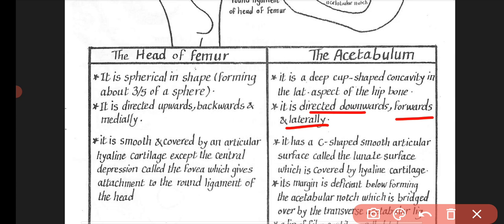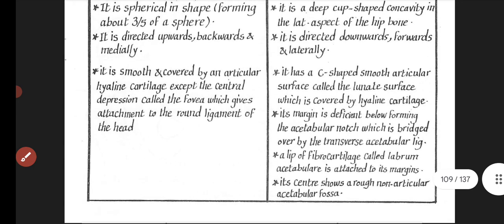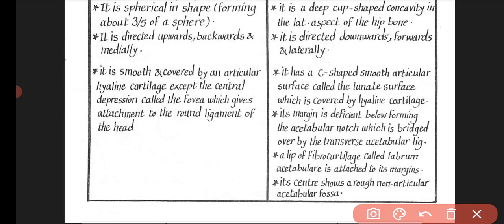It has a C-shaped smooth articular surface called the lunate surface, which is also covered by hyaline cartilage, and its margin is deficient, forming the acetabular notch, which is bridged over by the transverse acetabular ligament.